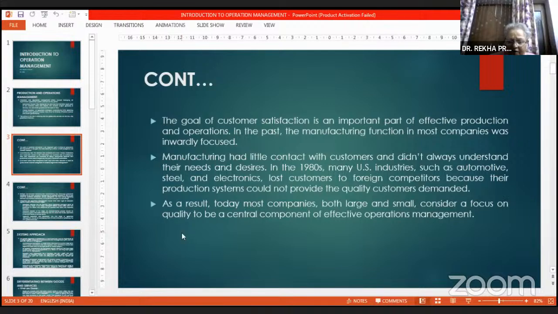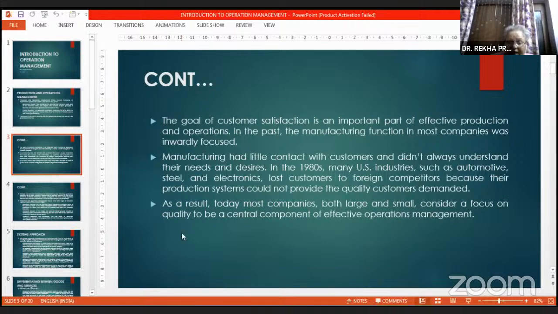Now, even if it is a small or a large company, for example, even a thela wala, whatever he is selling should be according to the customer to whom they are selling this produce. For example, take a pani puri seller. Maybe in your locality people want it very chilly, so they'll mix more chilies in the water.